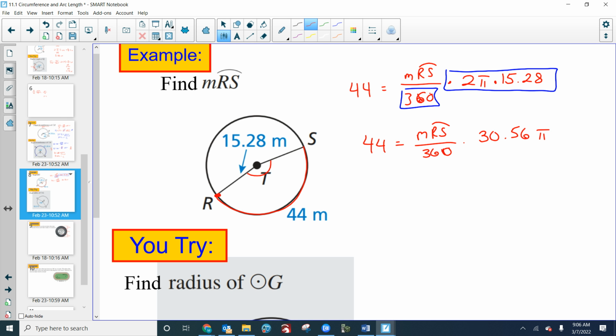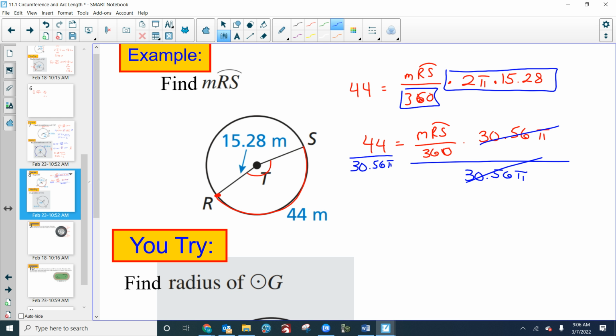I divided the 30.56 pi by 44 and then multiplied it by 360. Okay, so do you agree we could divide this side by 30.56 pi if we divide this by 30.56 pi? Yes? What does that cancel?